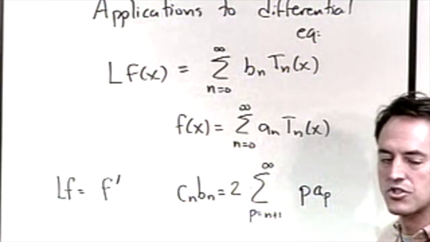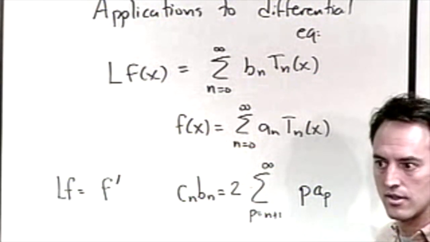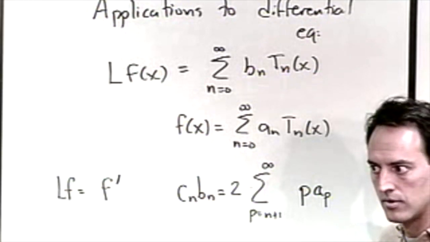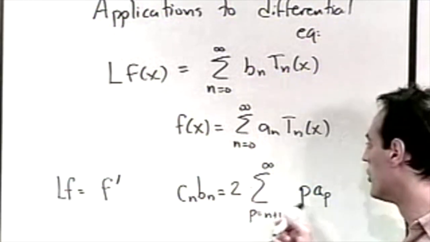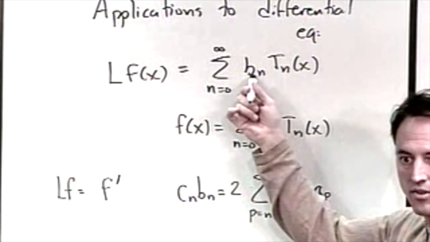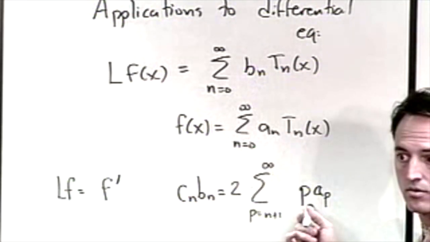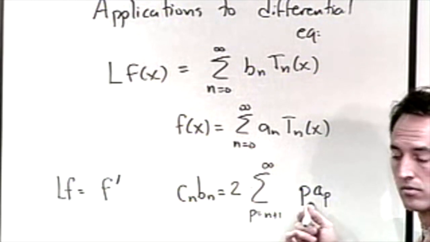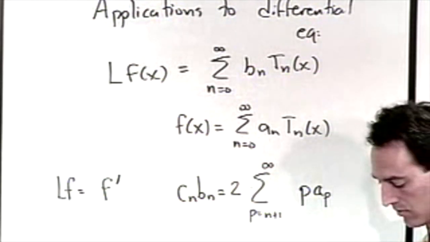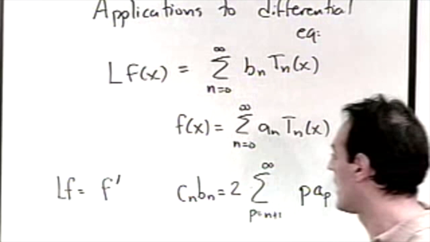Something like this. It's clearly not as clean as the Fourier transform. But if you take a derivative, you can find the derivative coefficients by summing up your a's in this fashion. Okay? Second derivative.